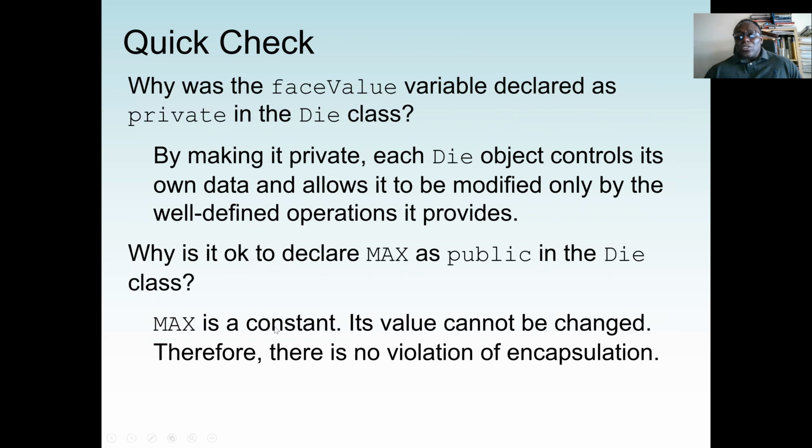MAX is a constant, and remember, a die has a limit. The face value can be only from 1 to 6. So we just have that variable to set the max to 6 for us. Its value cannot be changed. Therefore, there's no violation of encapsulation. We declare it as a final constant, and we assign 6 to it.